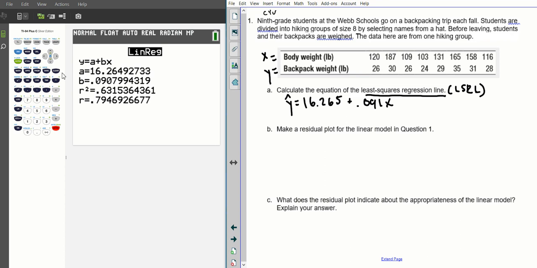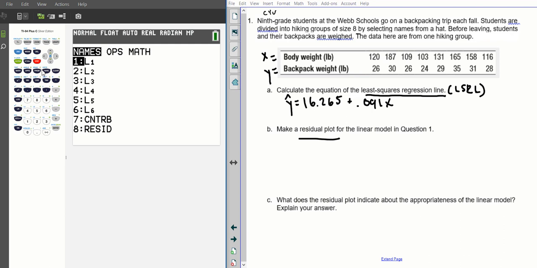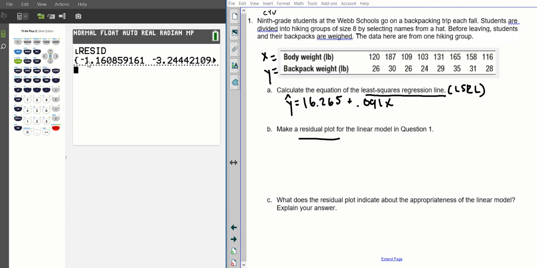Now, from here, we can create a residual plot. In order to find the residuals using our TI, we go back to 2nd STAT, and down here you see RESID. If you press enter, this will give you the residuals from this equation.